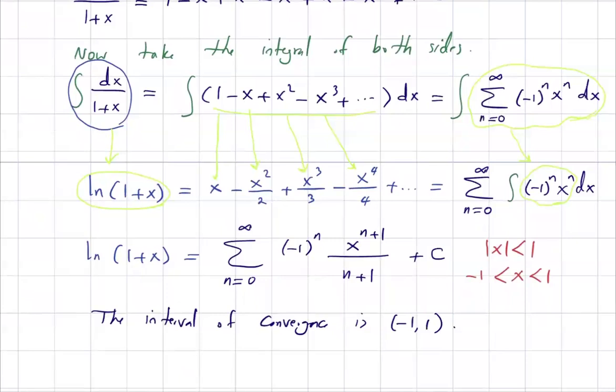So ln of 1 plus x on the left-hand side is equal to the summation of (-1)^n times the integral of x to the n, which is x^(n+1) over n plus 1. As long as the absolute value of x is less than 1, ln of 1 plus x is represented by this power series.